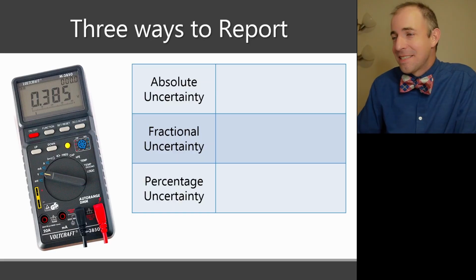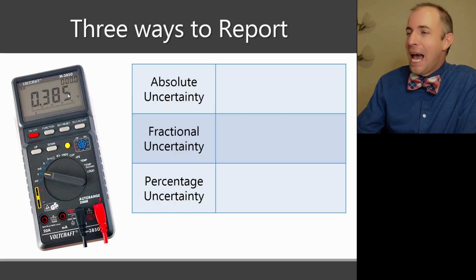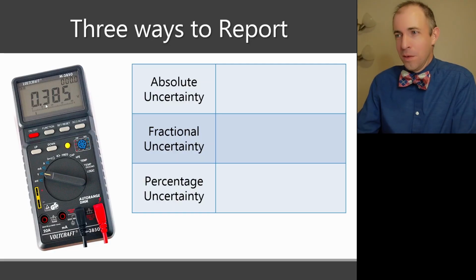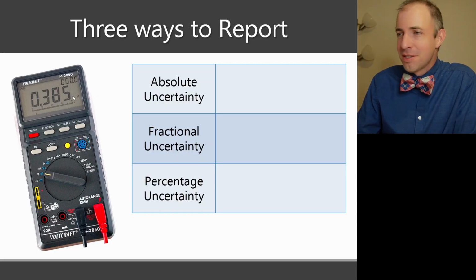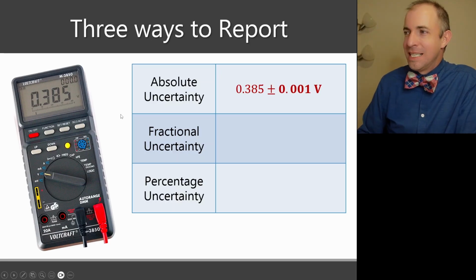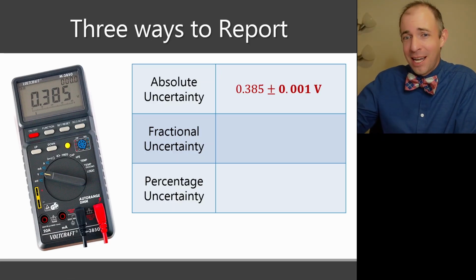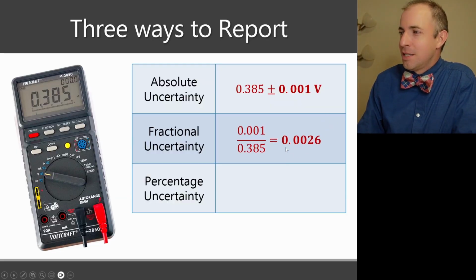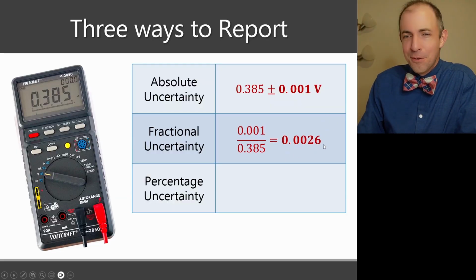So if we look at this example of a voltmeter, the absolute uncertainty is based on the smallest division. In this case, we have 0.385 volts. The smallest division is a thousandth of a volt. So my absolute uncertainty is 0.385 plus or minus 0.001 volts. Fractional takes that 0.001, divides it by the measurement, so we get 0.0026.